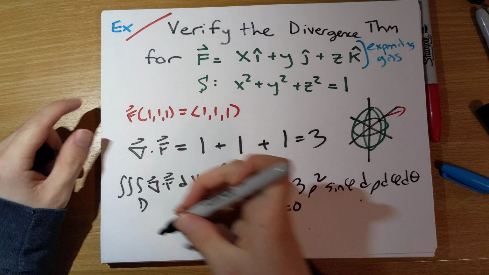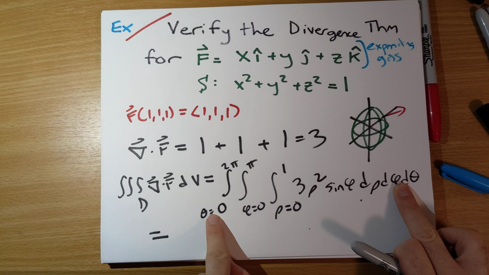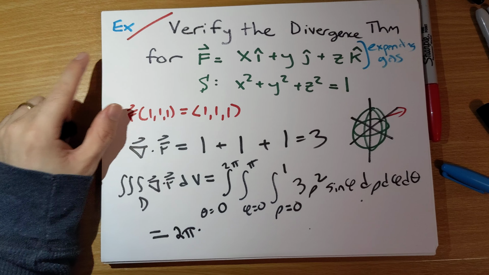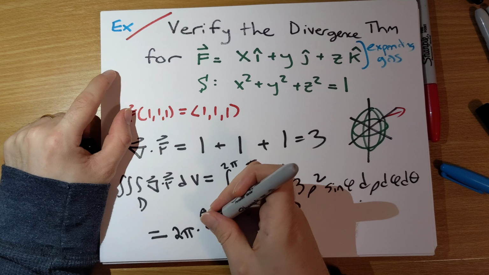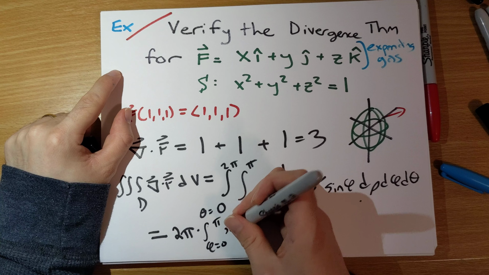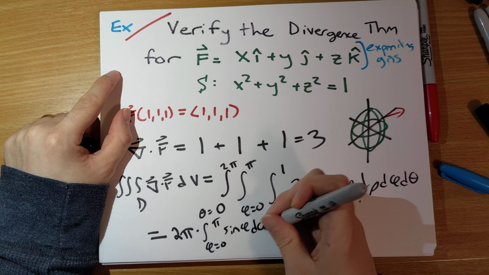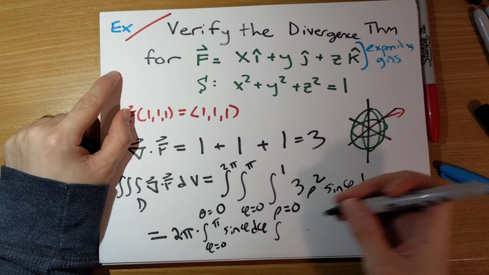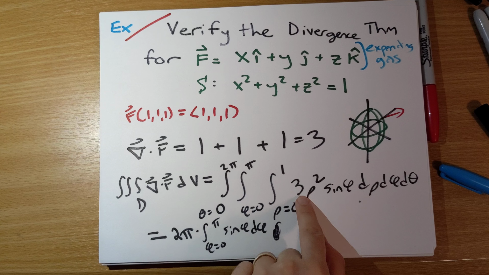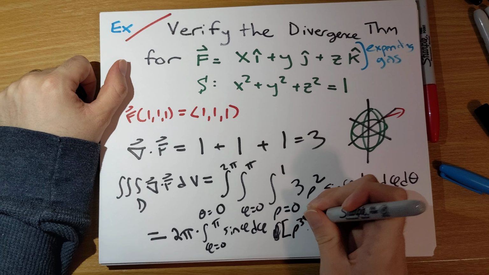And this integral is going to give us, let's see here, we can split off the integral of theta from 0 to 2 pi d theta. That will give us a factor of 2 pi. And then we'll have the integral phi from 0 to pi of sine phi. Sorry, I said theta, I meant phi there. Sine phi d phi. And then the integral rho runs from 0 to 1 of 3 rho squared d rho. That will be rho cubed.